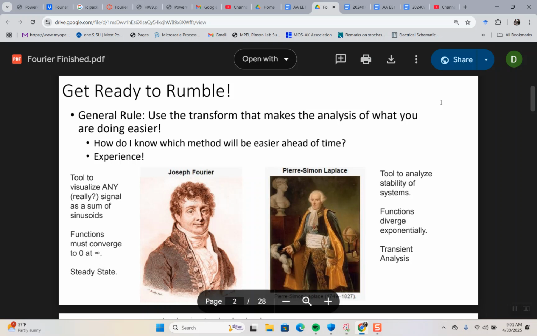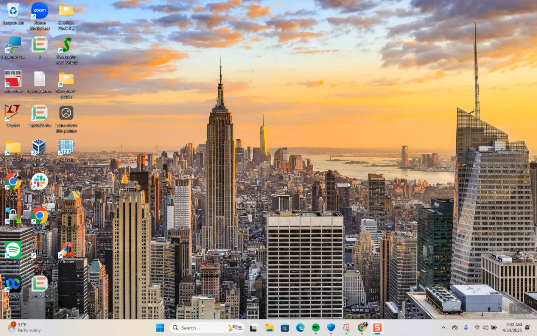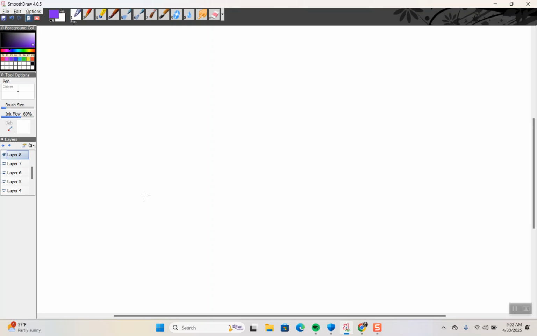What are we doing? Are we using Laplace? Are we using Fourier? The answer is yes. But what happens is the Bode plots are more Fourier than Laplace.